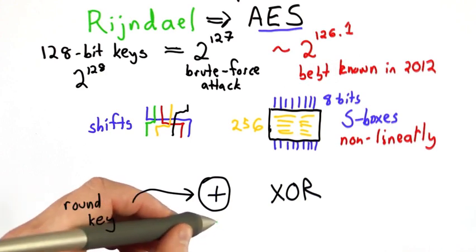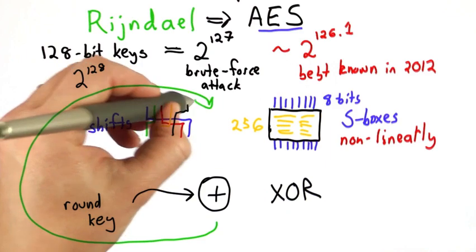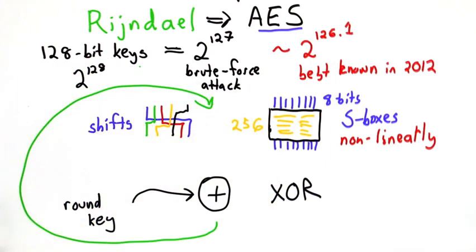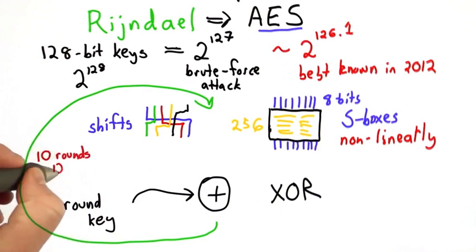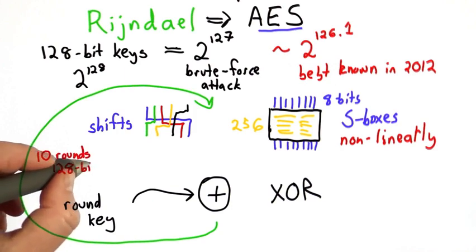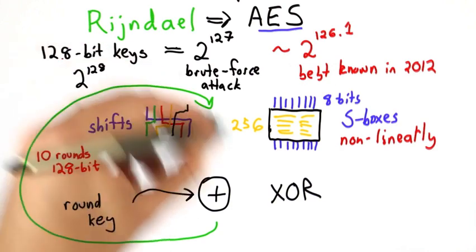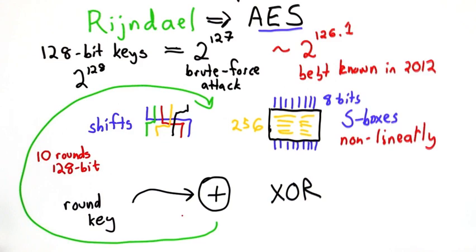We'll take the outputs of this, put them back through a series of shifts and S boxes again, and keep doing that. The number of rounds depends on the key size. For the 128-bit key, which is the smallest key size for AES, we would do 10 rounds going through this cycle, getting the output ciphertext for that block.